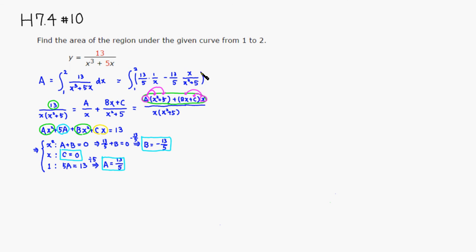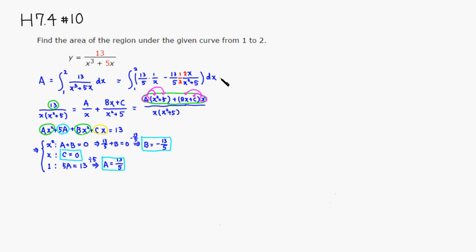Then we evaluate it with respect to x. I'm going to make one adjustment. Since the denominator is x squared plus 5, we would like to have its derivative, which is 2x. So I'm going to put a 2 here and 1/2 in front.